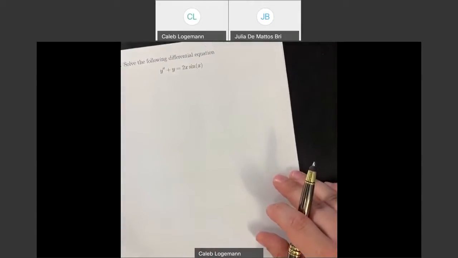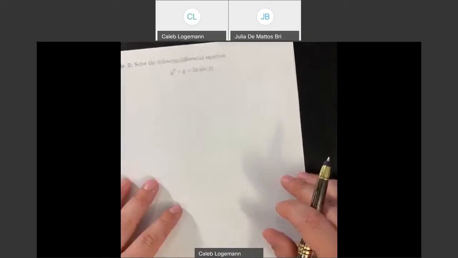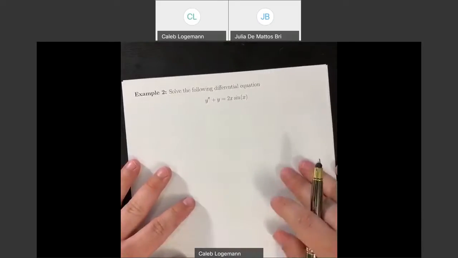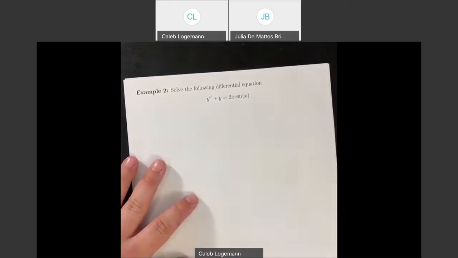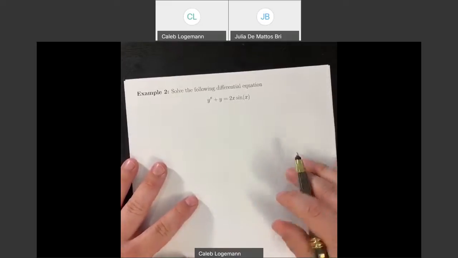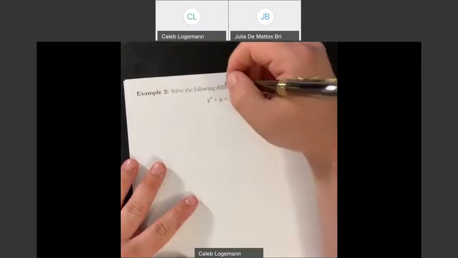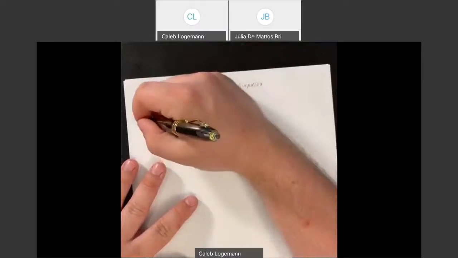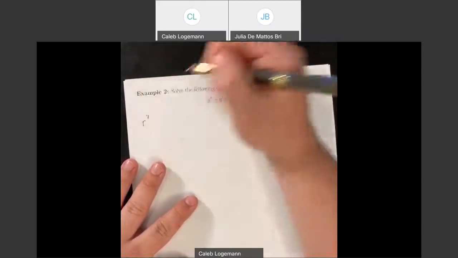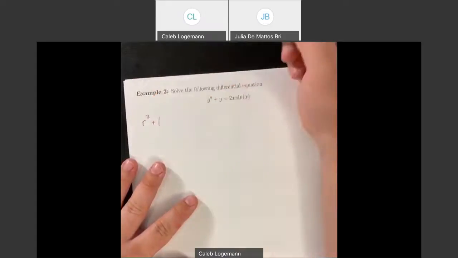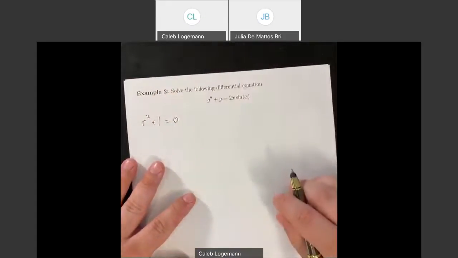All right, let's try another one. Again, a good idea is to find the homogeneous solution first. So if I do that, we have r squared plus 1 equals 0.